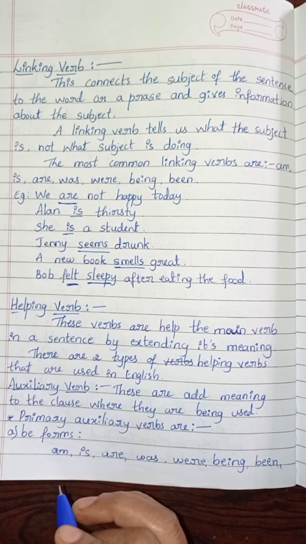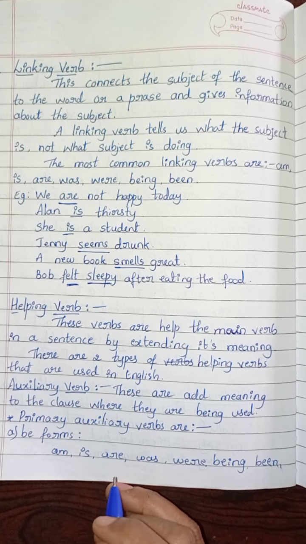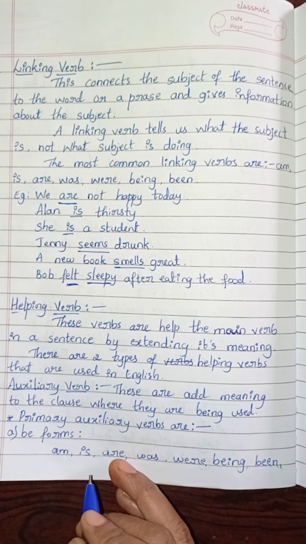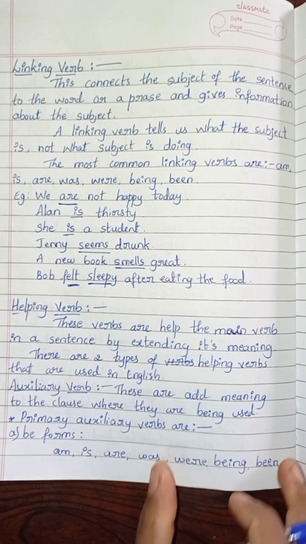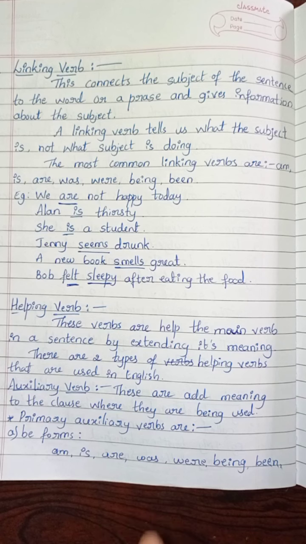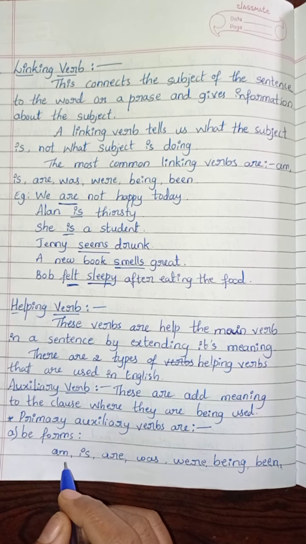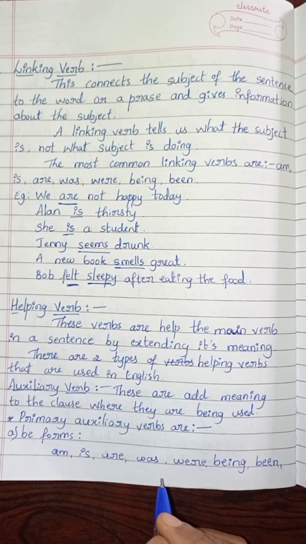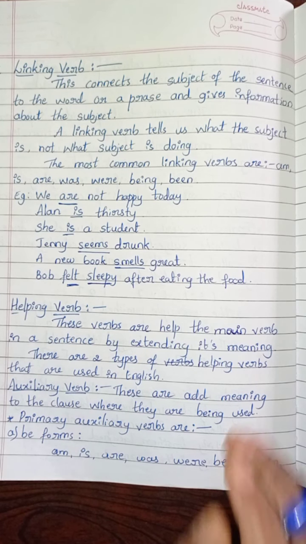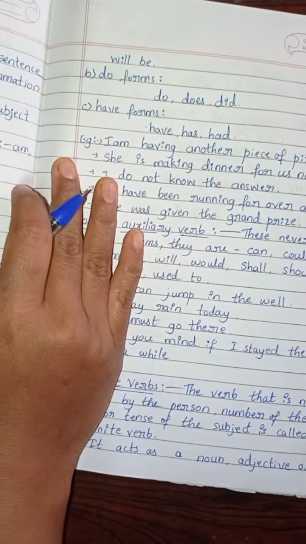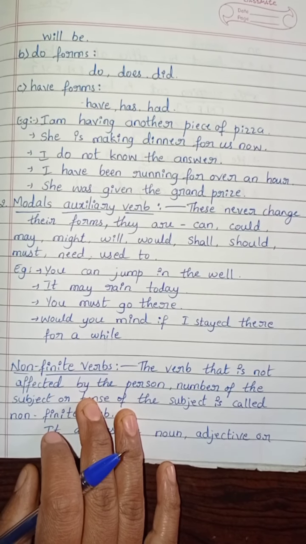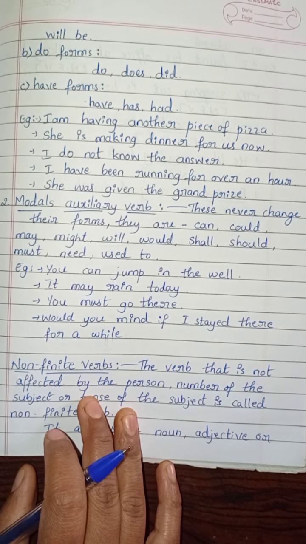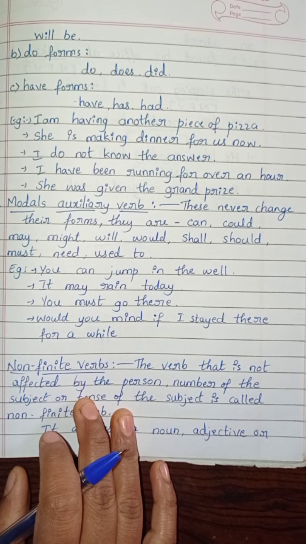The first one is be form verbs, which we use in daily life while making sentences. Am, is, are, was, were, being, been, will be are the be form verbs, students. These come under the auxiliary verbs.